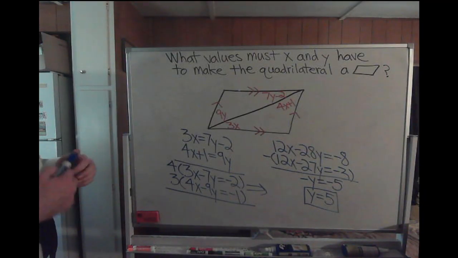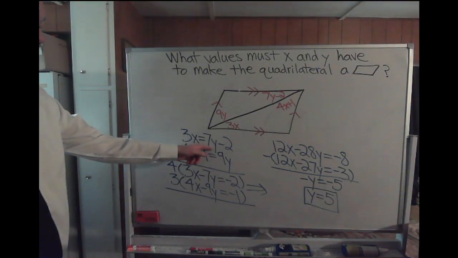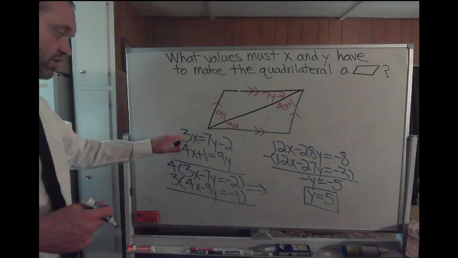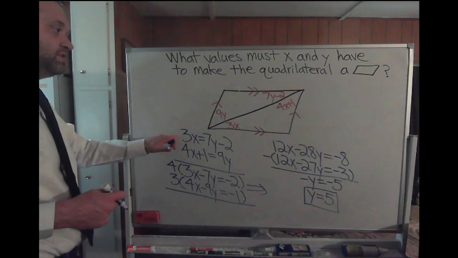Well, all we have to do now to solve for x is put that y into one of these original equations. So let's go ahead and do just that here. I'll go with 3x equals 7y minus 2.